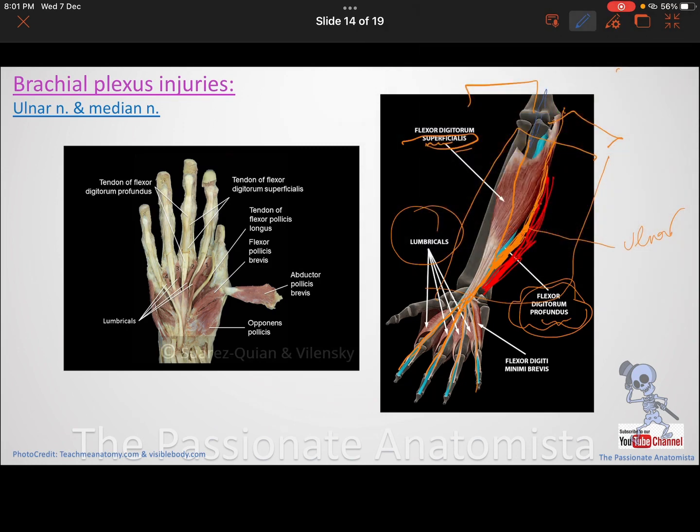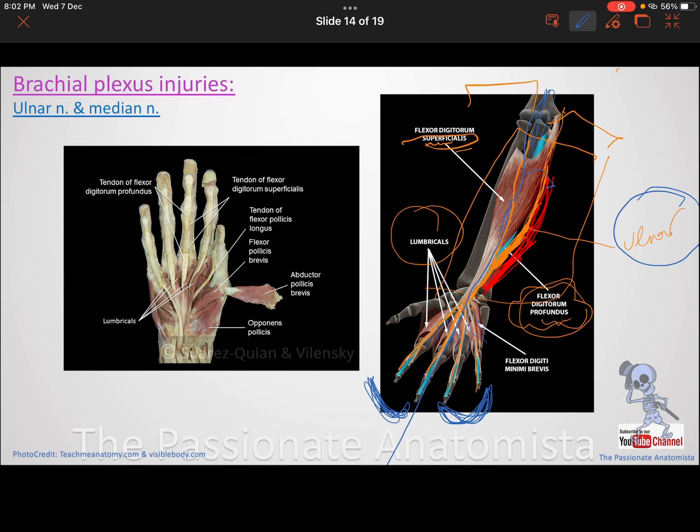Because I want things to make sense for you: if the medial part of the muscle is supplied by ulnar nerve, and we have lumbricals coming out of its tendons, the profundus, then you have two muscles to these two fingers, and two lumbricals to these two fingers.